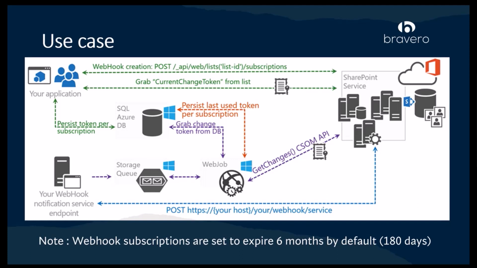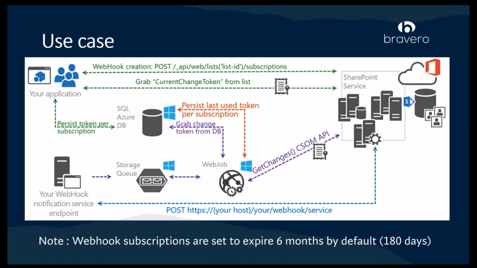So the most important part here is the get changes API, which is used during processing the notification. This API is to determine what actually has changed to that particular changed item. So this is a basic scenario, as we all know, and hence can be implemented in many ways.